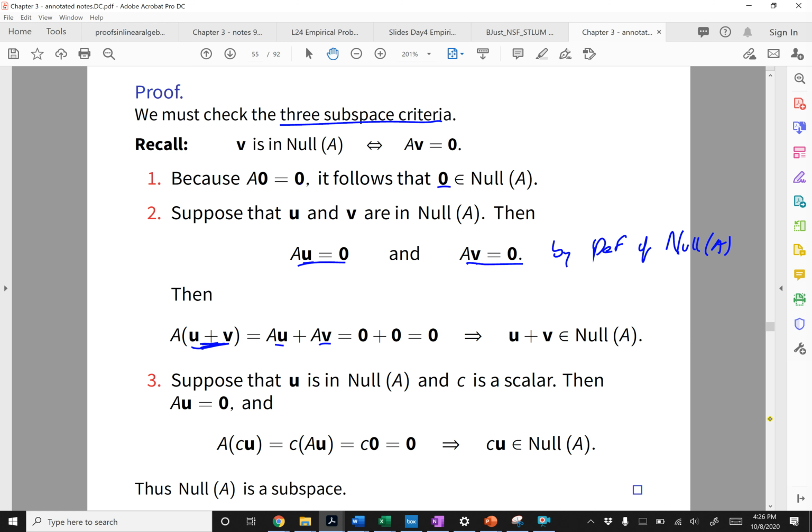You know that each of these products is 0, the sum is 0, so that's in the null of A. Similarly, you pick a U that's in the null of A and multiply it by some C, and we go back to the definition of what it means to be in the null of A, multiply by A, and show that that's 0, and you do your algebra and you get 0. So C times any U, any constant times a vector in the null of A, is still in the null of A, so it's a subspace.